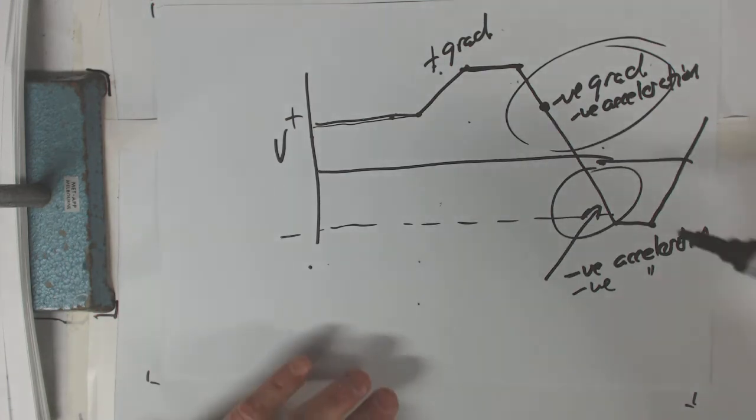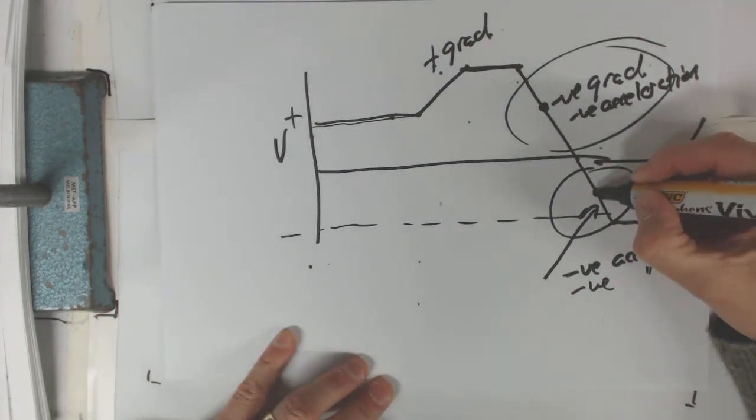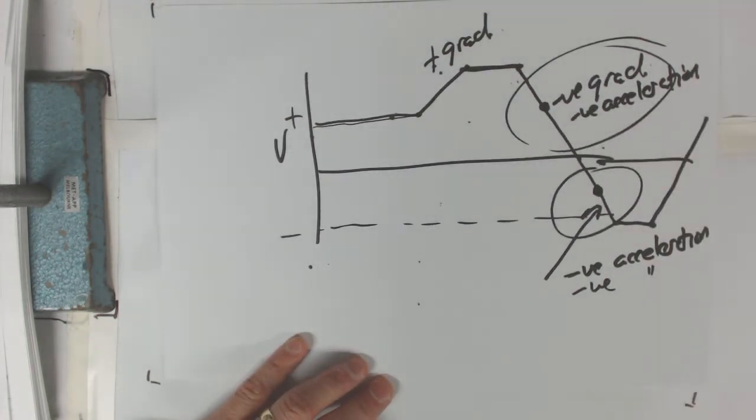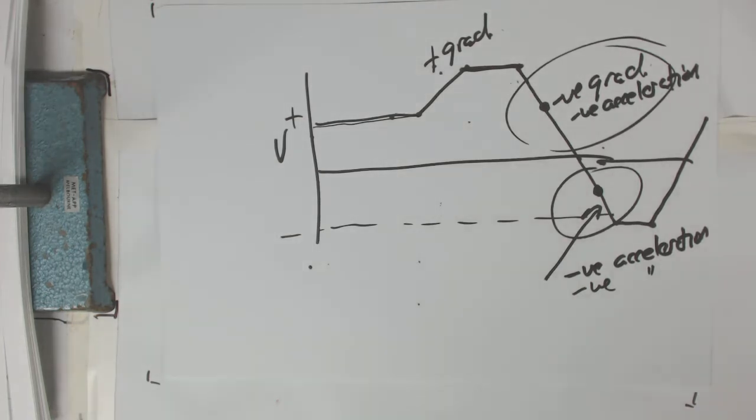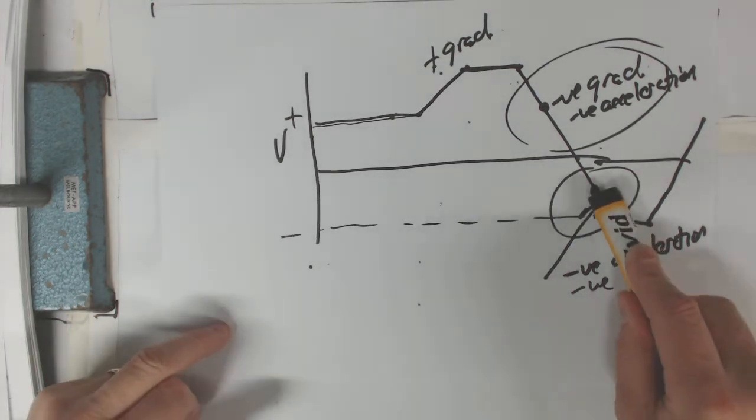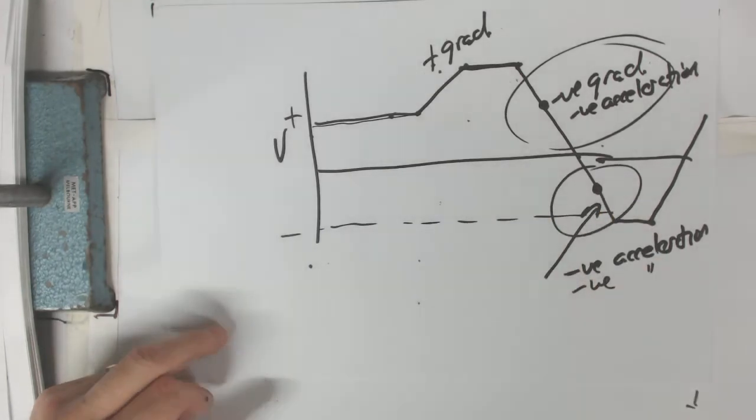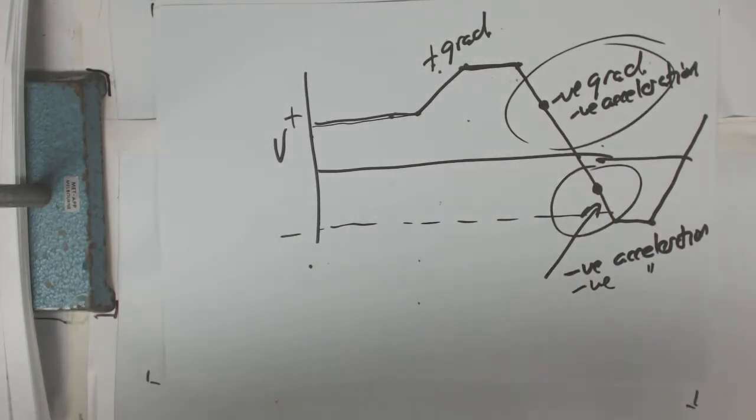Alright? So this is negative velocity and negative acceleration. That means it's speeding up in the negative direction. Velocity tells you what direction it's going in. Acceleration tells you whether it's speeding up or slowing down. The acceleration and velocity have the same sign if it's speeding up.